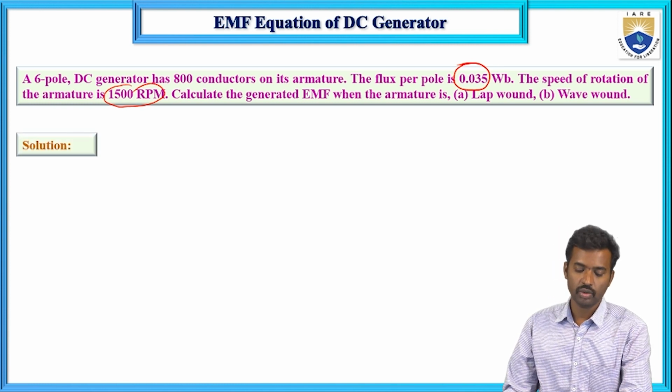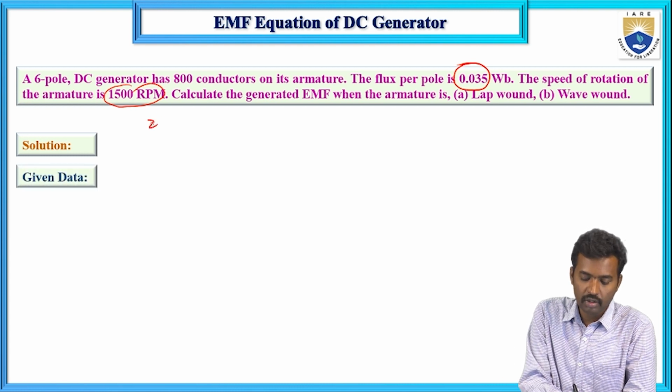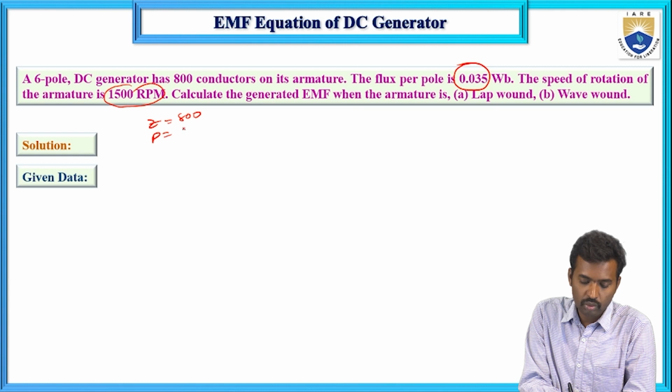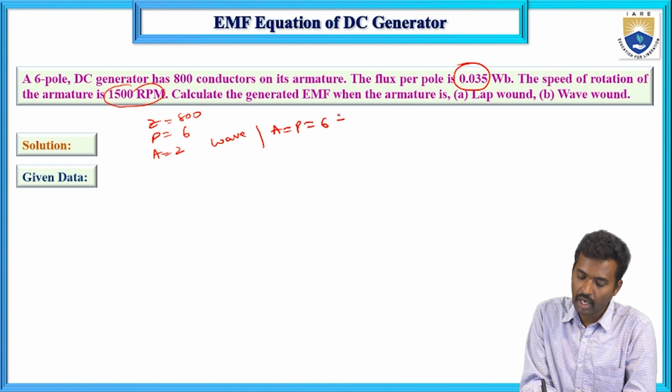The given data solution for this, Z equals to 800 and P equals to 6 and A equals to 2. First lap wound, this is wave wound, and A equals to P for lap wound, that is 6.